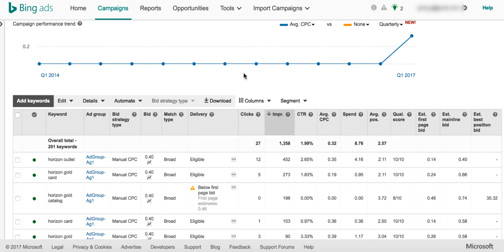So 2.57 is not at all bad. I would always try to choose the top position, but I don't generally think the top one is the only conversion point, though your conversions will obviously be higher at the top position. It's not a bad sign at all, and I would consider this a very good sign to begin with, because we are at least getting displayed on the first page of Bing Ads, which means you're going to get more clicks for sure.